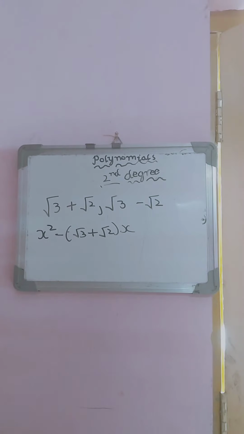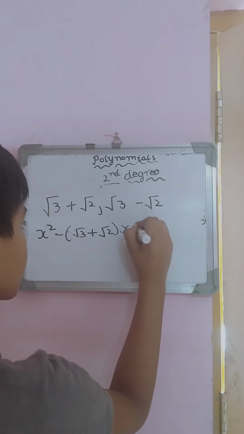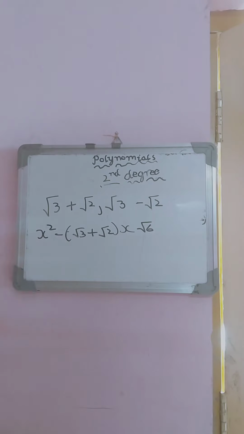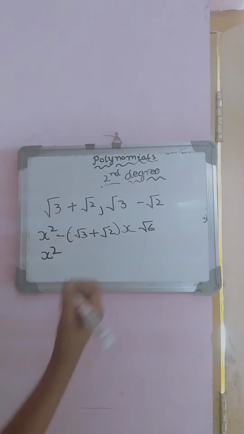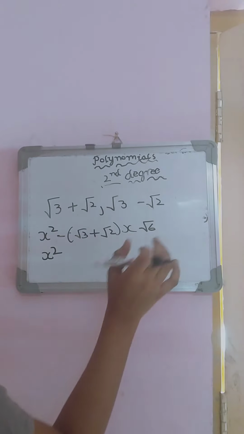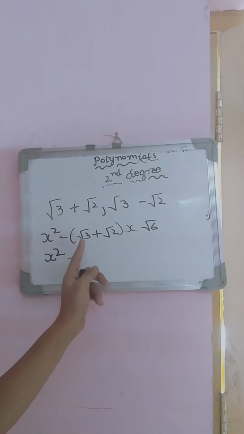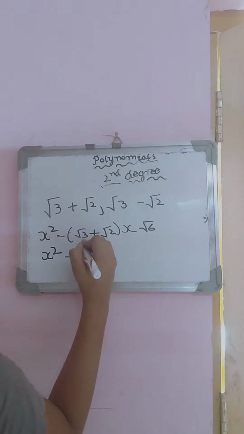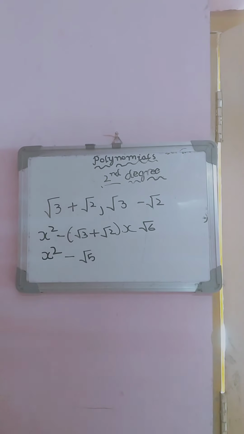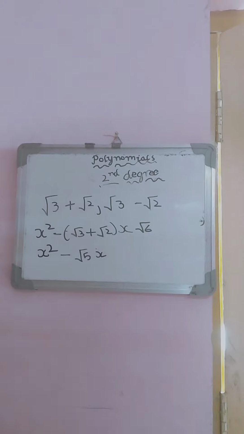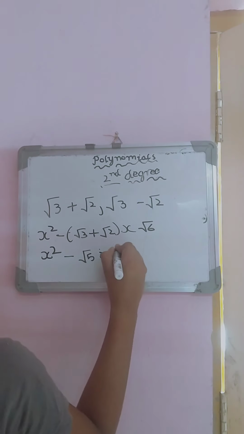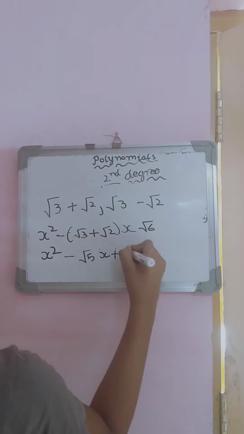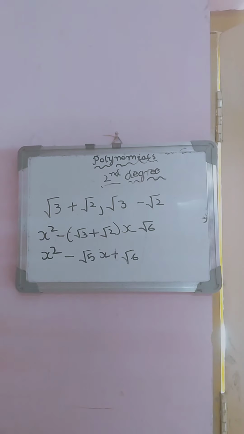Root 3 into root 2 is root 6. So x square minus root 5 into x plus root 6. They did not give any equation, so this is the equation: x square minus root 5 x plus root 6.